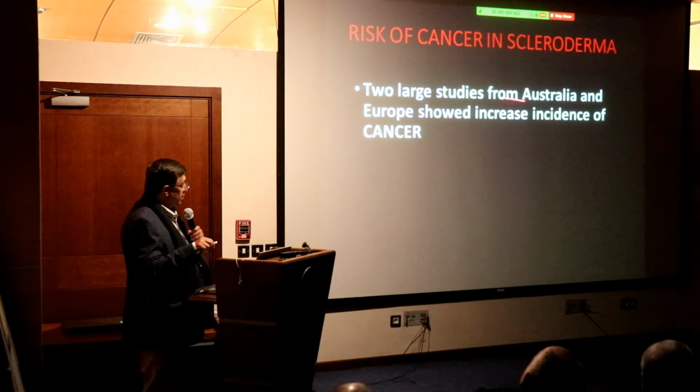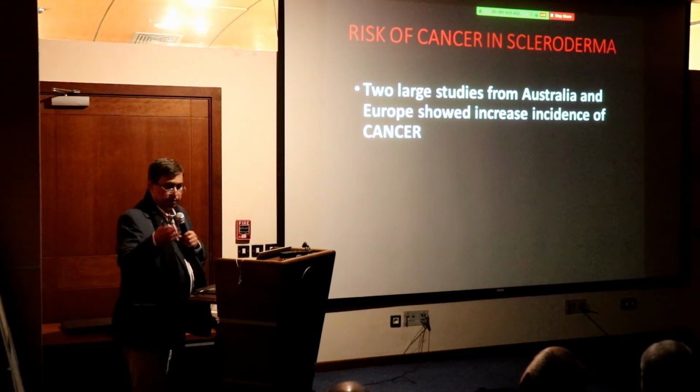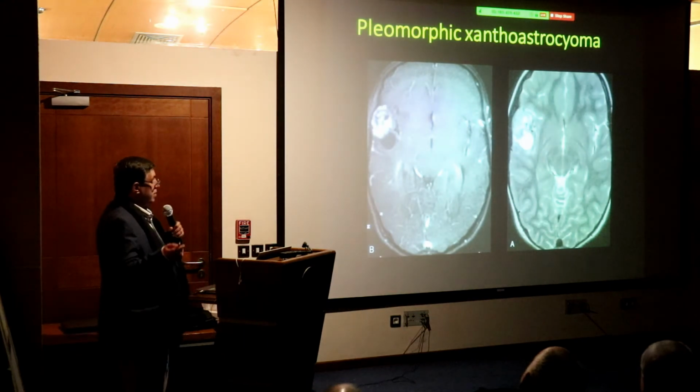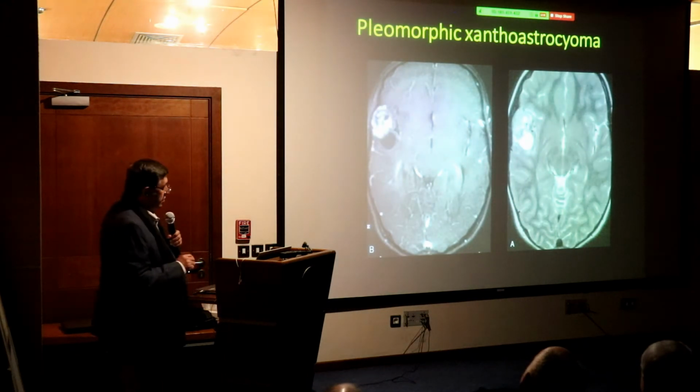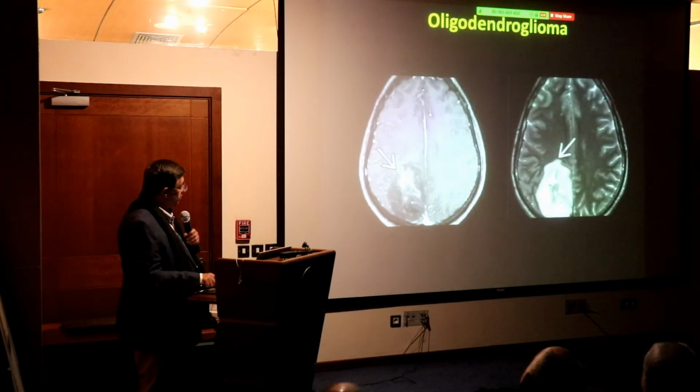And you mentioned the two large cities in Australia and Europe. Although the risk was more to the lung and breast, the risk is there. It could be something else, not related to the lesions of scleroderma. Astrocytoma, and I put the lesions that look like our lesion. Oligodendroglioma.